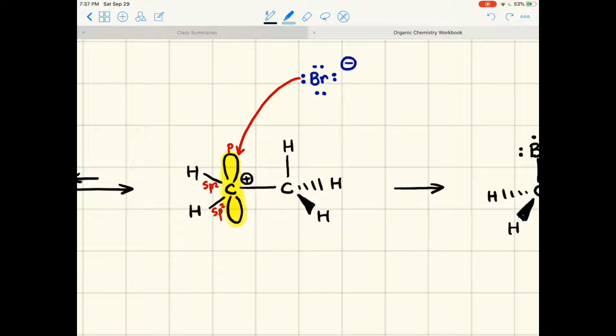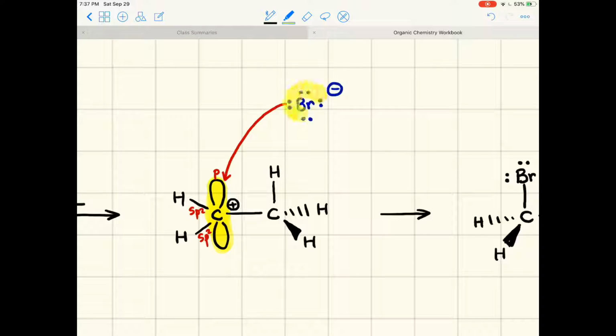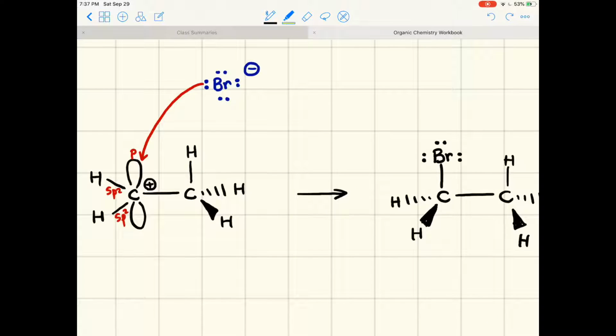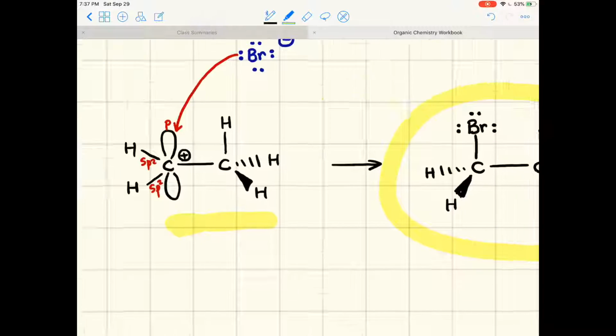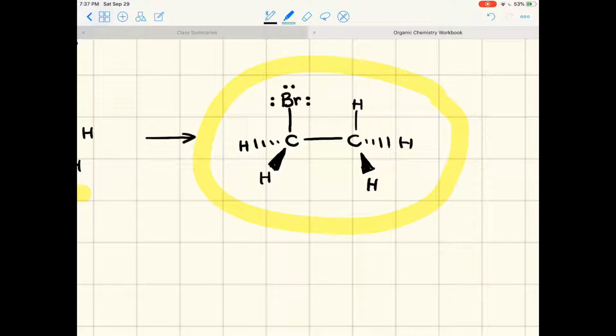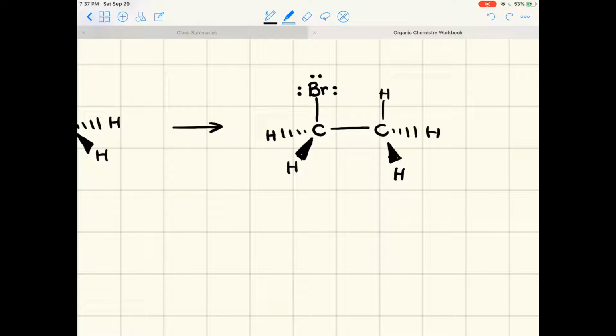Now it's beneficial for both because carbon gets to complete its octet and bromine gets to spread out its electrons a bit more. And although I'm sure bromine, being the electronegative element that it is, would love to keep its electrons, overall this is more favorable than this molecule because all the octets are complete, everyone's happy, there aren't any partial charges.